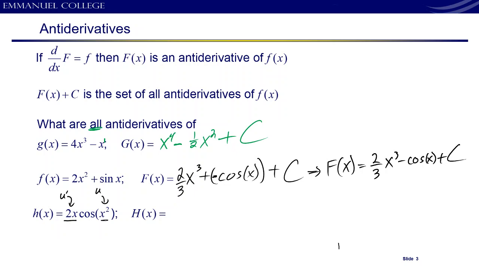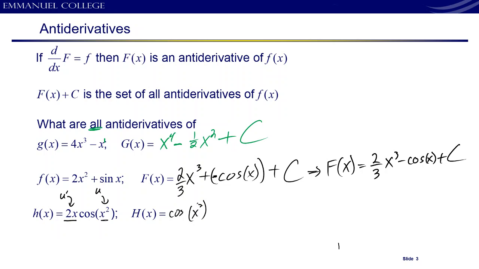So this looks like a chain rule, because here's the derivative of this inside function here. So the problem is, though, I know it's something of x squared. Is it just cosine of x squared?